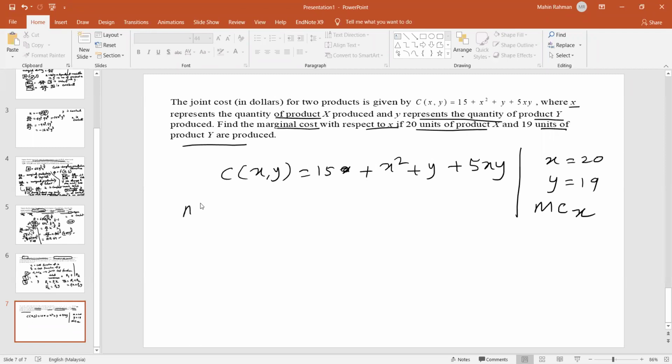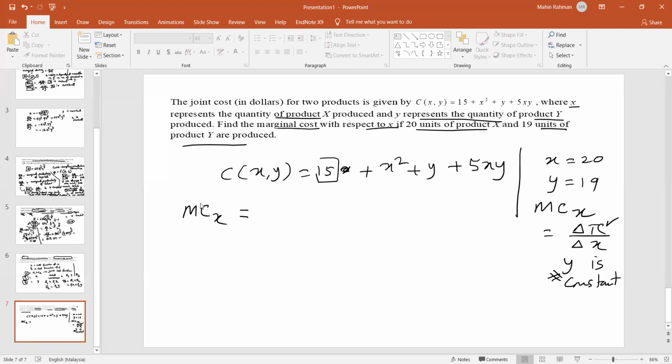Calculating marginal cost with respect to X indicates how much the total cost changes per change in X, while Y is constant. You don't change Y. Then what is the change in the total cost if you change X by 1 unit? That is called marginal cost with respect to X. Since Y is constant, consider it as a constant number.